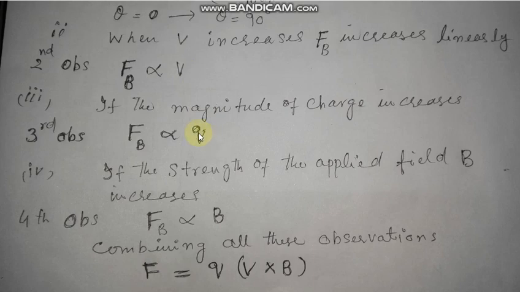We project q of different magnitudes into the same magnetic field with the same velocity and with the same angle theta. So this will give us the relationship between the magnitude of q and the magnetic force acting on that charge. And the third observation which we obtain is that the magnetic force acting on the charge is directly proportional to the magnitude of charge.